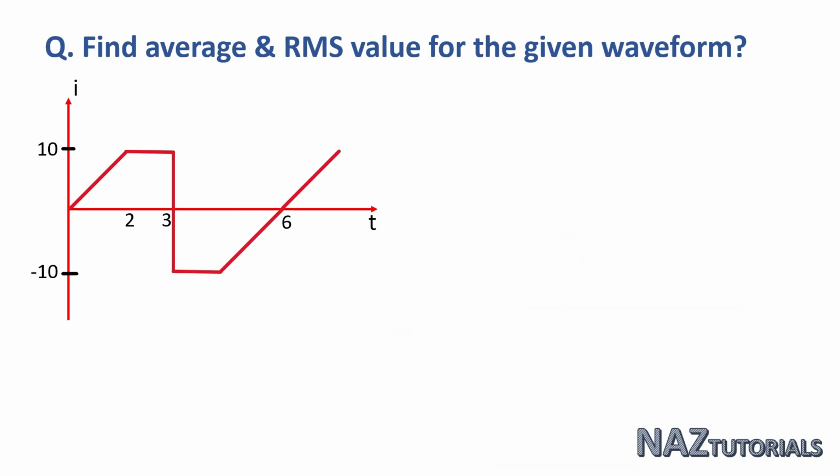Let's analyze the average and RMS value of this waveform. Its first half is the same as the previous question, and the second half is the symmetrical of the first half. So for this waveform, for the complete cycle, the I average will be 0.